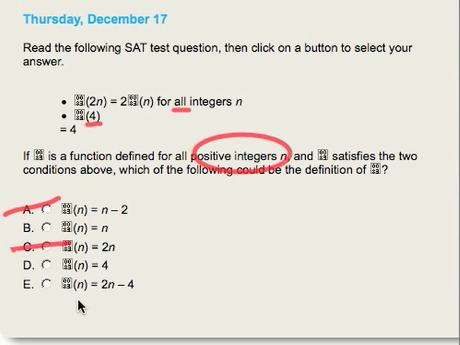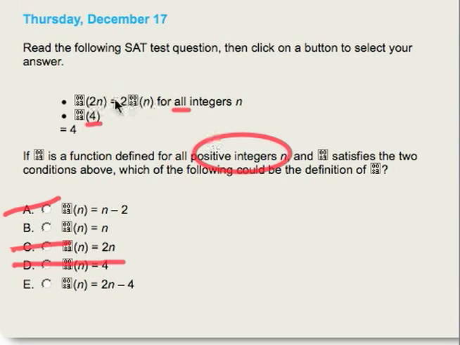If you plug in 4 here, you do get 4. So right now it's between B, D, and E. Now one of these, between B, D, and E, we can probably get rid of right away. What do you think? Yes, get rid of D, because that's saying no matter what you plug in, you get 4, and that's probably not true.